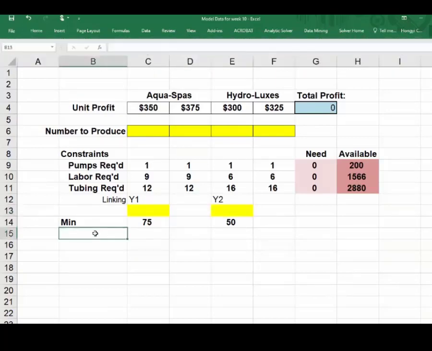Now the minimum multiplied by our Y will be equal to this. Copy here. So this one represents the Y2 multiplied by the 50.